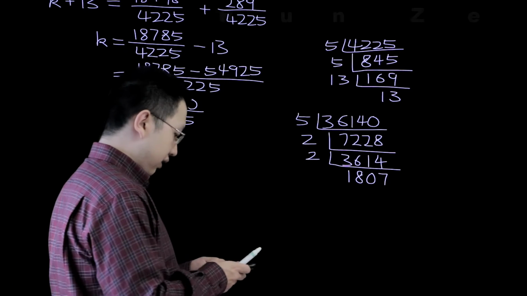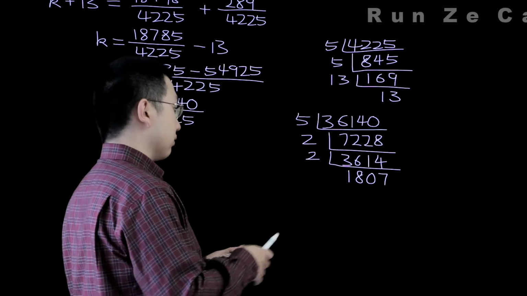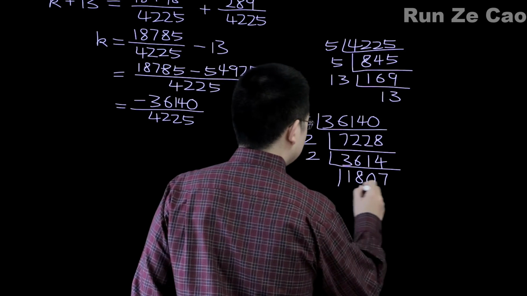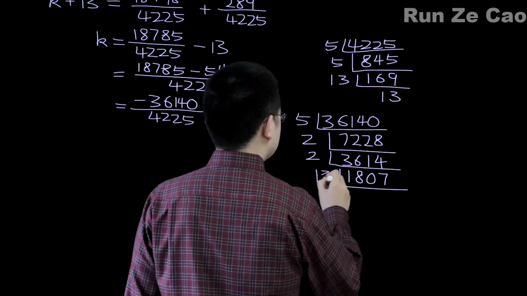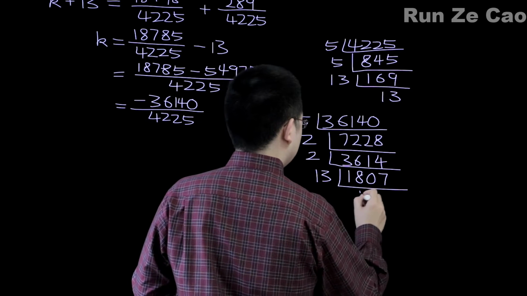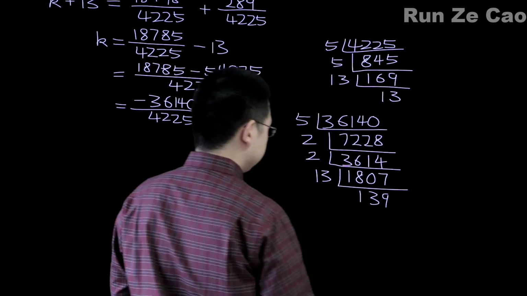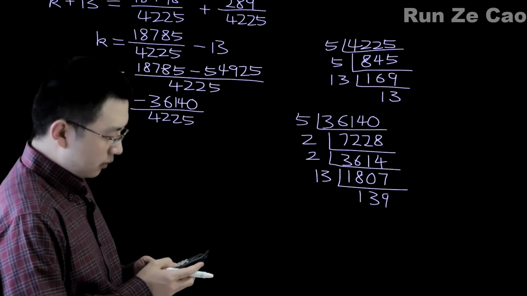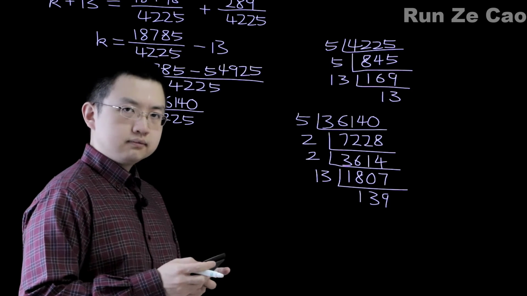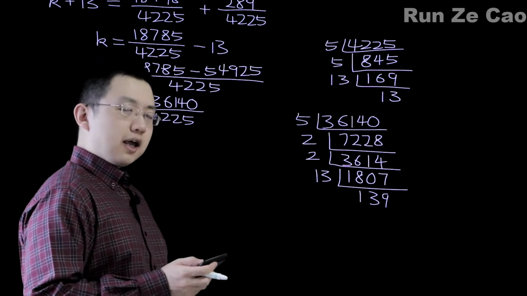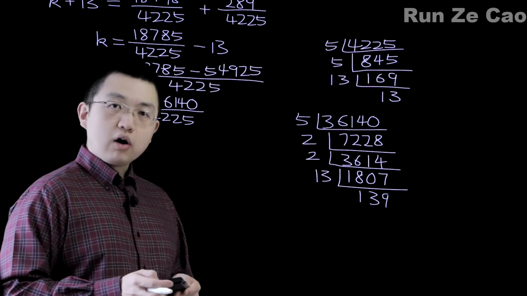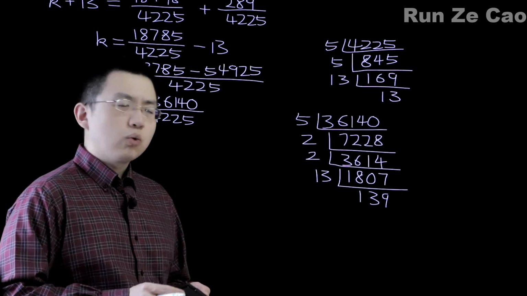So 1807, can we divide by 13? Oh hey, we can. Divide by 13, and we get 139. Now 139, we must be able to find a factor under 12 if this thing is to be factored. Why?